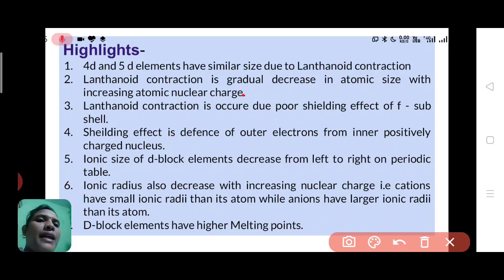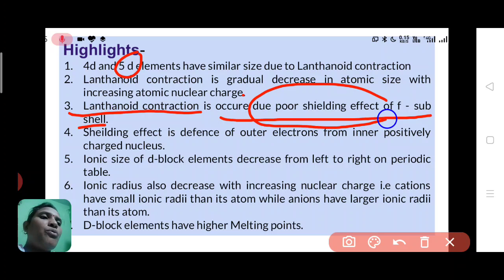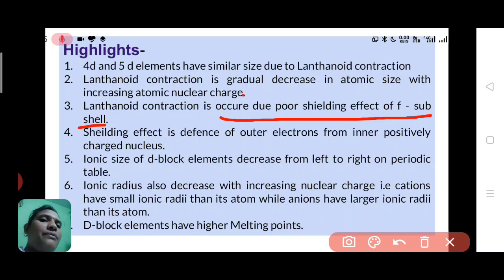Then lanthanoid contraction occurs due to the poor shielding effect of the f subshell. There is an entry of the f shell in the 5d series elements, and this lanthanoid contraction occurs due to the poor shielding effect of the f subshell.